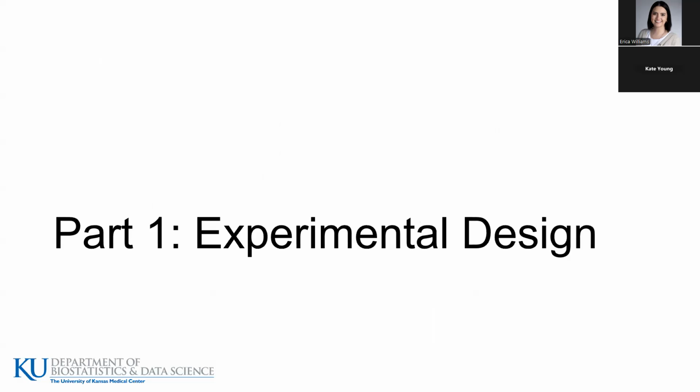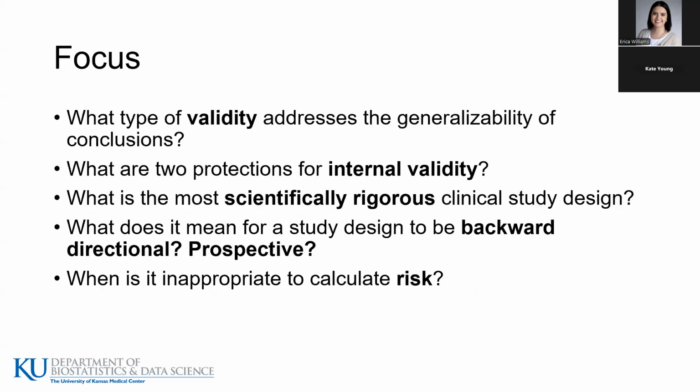So next, we're going to move into experimental design. So again, we're going to talk about validity and what are the two protections for internal validity. And what is the most scientifically rigorous experimental design or type of research study?